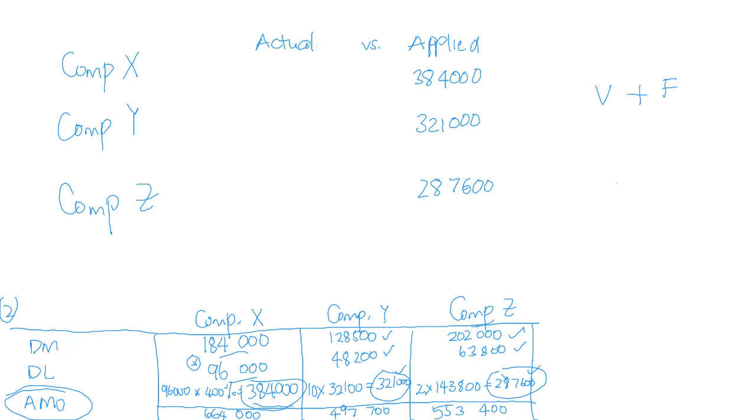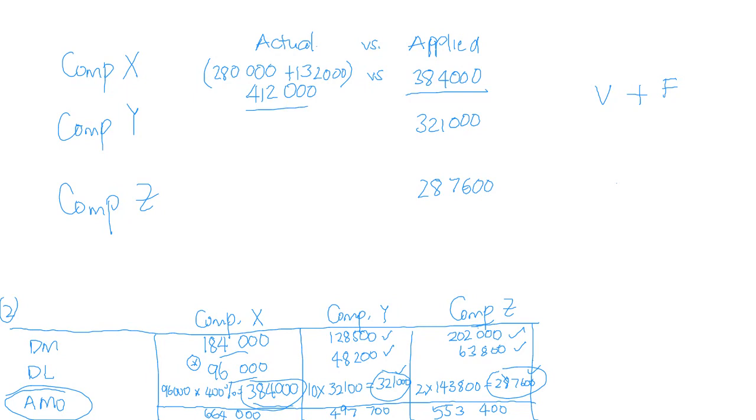So here for company X, the actual overheads is the sum of the 280,000, which is the variable, and the 132,000, which is the fixed. So here for company X, the actual is equal to 412,000, and you're comparing that to now the 384,000.